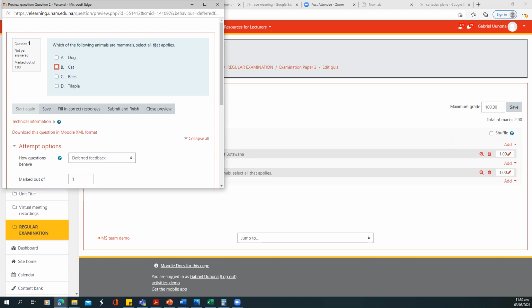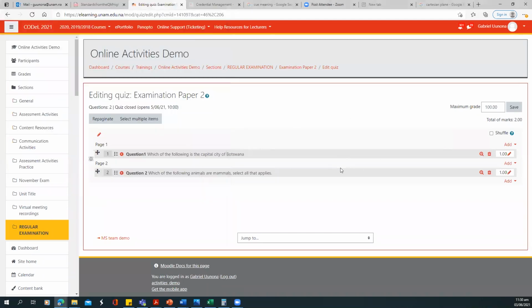You can edit this question and say select 2 that apply, and then the student will know it's only 2. Maybe I'm not a very good student, then I say cat. Well, I think bees are also mammals. I think to a certain extent that can help on that question.